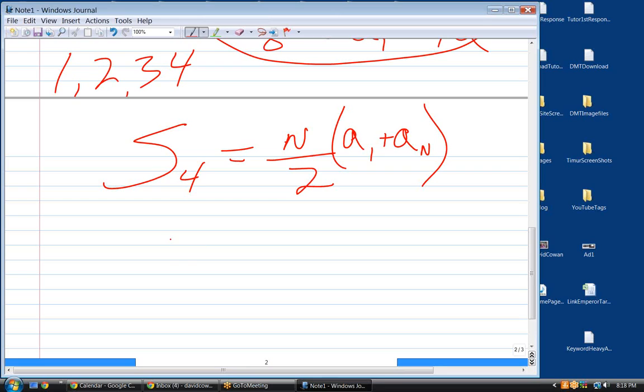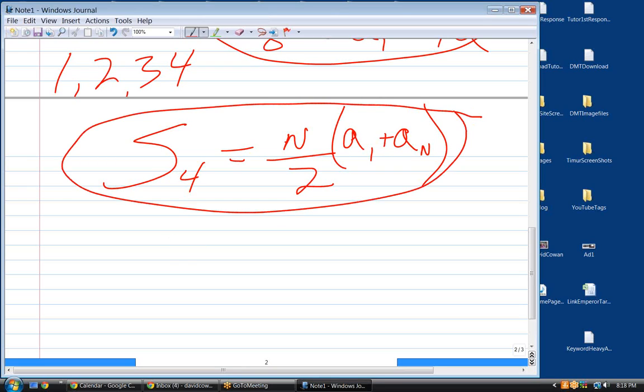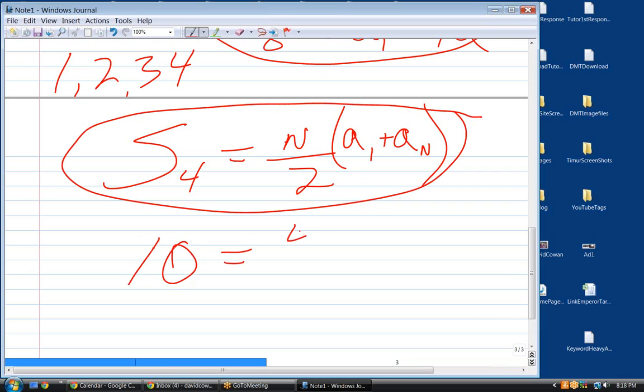So if I've remembered it correctly, then 10 has to equal 4 divided by 2 times 1 plus 4. And it does. So I got the sum formula correct. And that's a good thing to use with math in general.